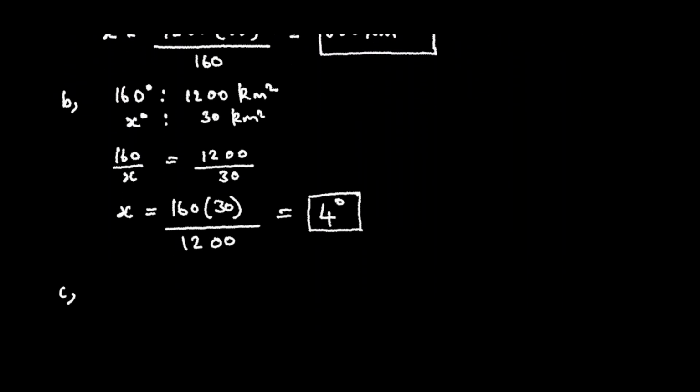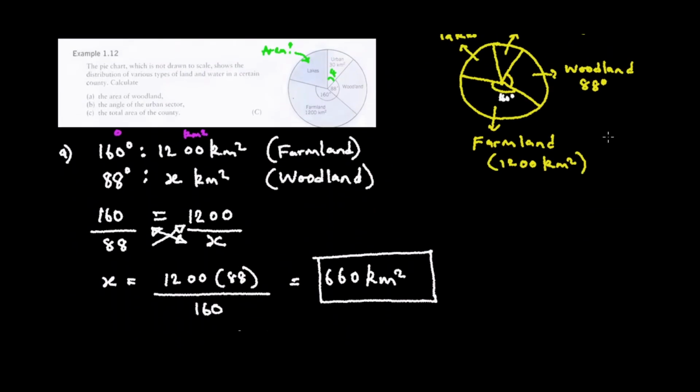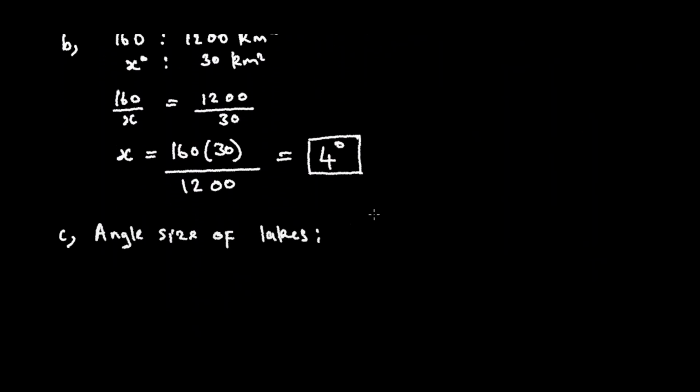Saka tukaya panapa tikati toda kutsvaga the angle size of lake or lakes. Today wanna say we are simply going to add everything equate to 360. Saka let us say with panapa it's angle theta. Saka tichati 160 plus 88 plus 4 plus theta is equal to 360. Anditi.